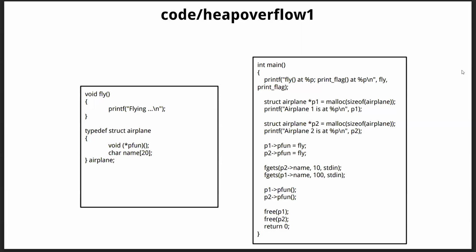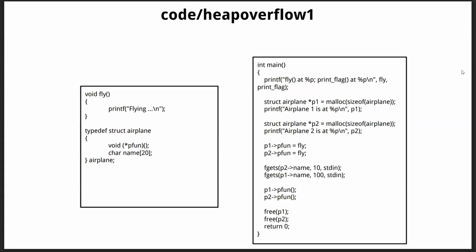We first malloc an airplane on the heap. We print out where airplane 1 is. We have another airplane 2. We call the fly function of both of them. Then we do an fgets. So that's a traditional buffer overflow you are familiar with.